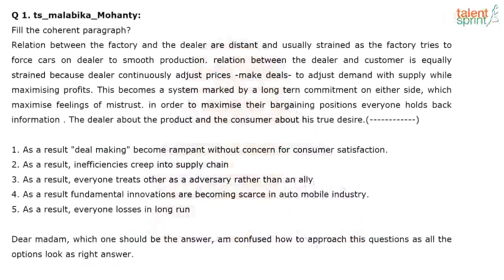Now go back to the context and tell me, is deal making becoming rampant? Is deal making becoming uncontrollable? What are they actually addressing here? First of all, the context is not talking about deal making becoming rampant. It is not talking about deal making becoming widespread. The context is saying there is a problem with the relation between the factory, the dealer and the consumer.